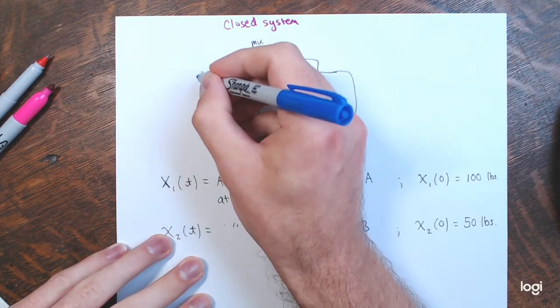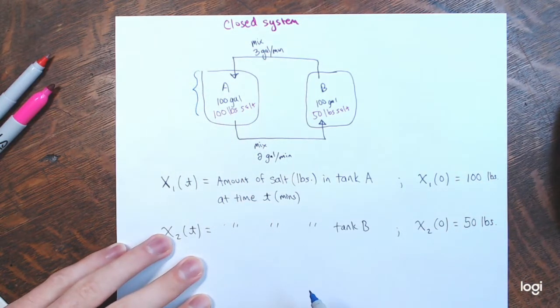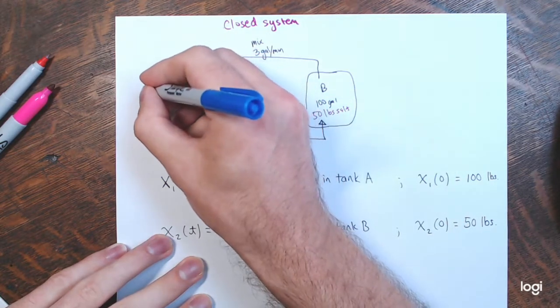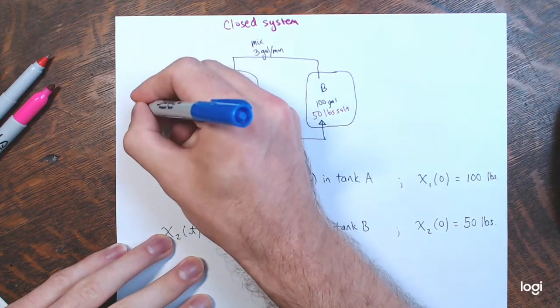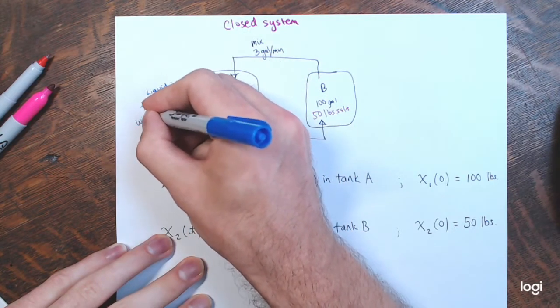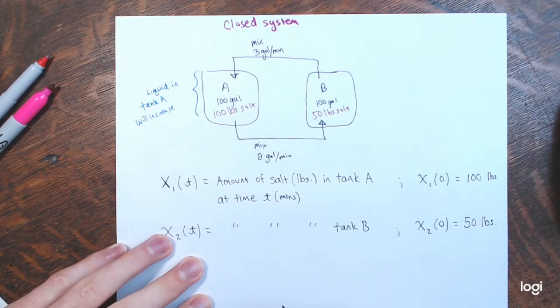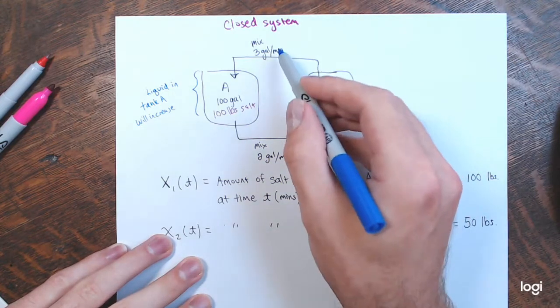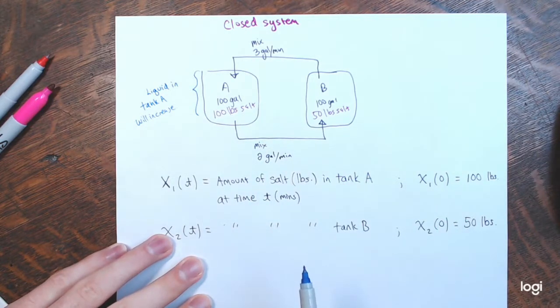So that means as time goes by, the amount of liquid in tank A will increase. Right, the liquid in tank A will increase by a gallon a minute, right? Because 3 gallons are coming in every minute, 2 gallons are going out. That's a net increase of 1 gallon.